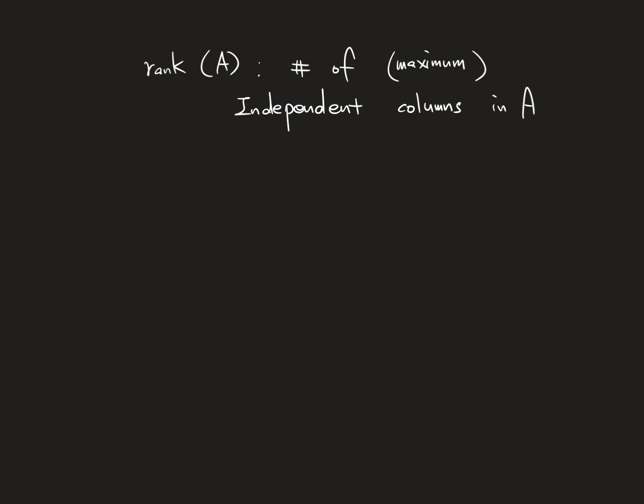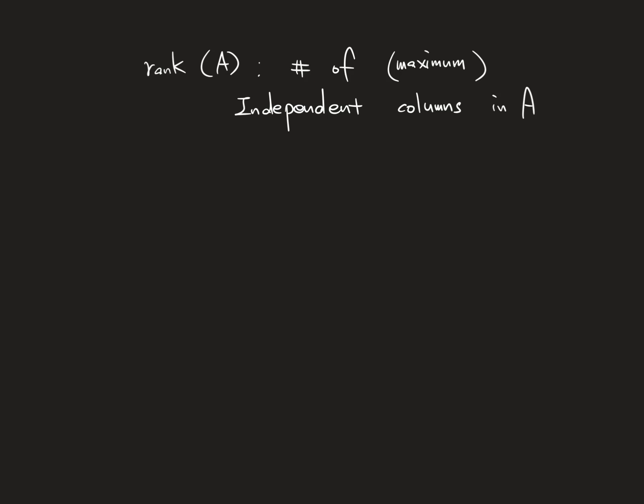Now we define the rank of matrix A as the number of maximum independent columns in A. Many people just omit the word maximum, but if we have 4 independent columns in A, then 3 columns are also independent and 2 columns are also independent.